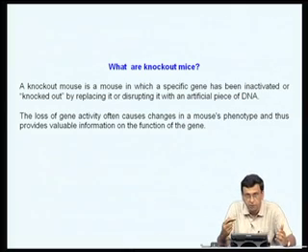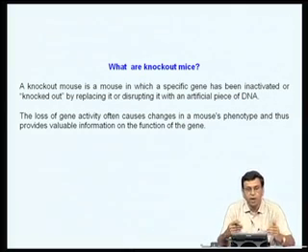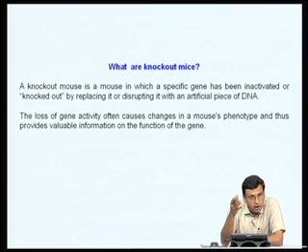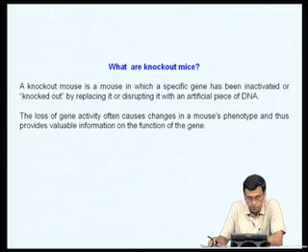We are trying to overexpress a particular gene and see what happens to the phenotype. Whereas in the case of knockout technology, we are inhibiting or repressing the expression of a particular gene, so that the gene product is not made, and ask the question, if the gene is not expressed, what happens? We will discuss as we go what the exact differences are between a transgenic mouse and a knockout mouse.